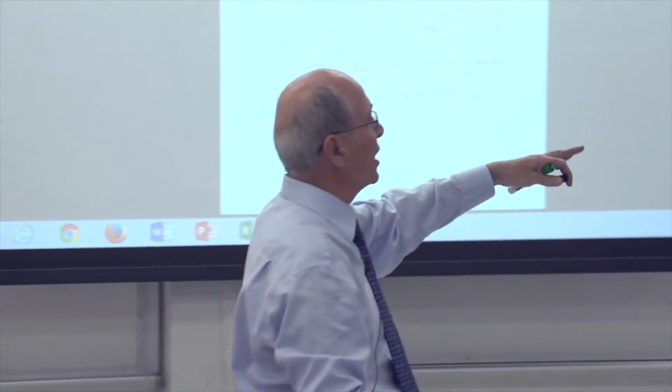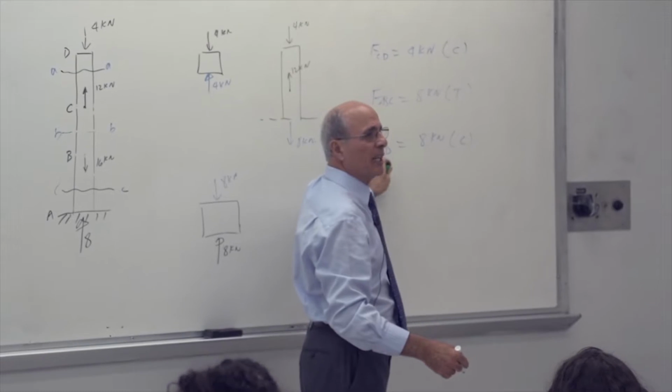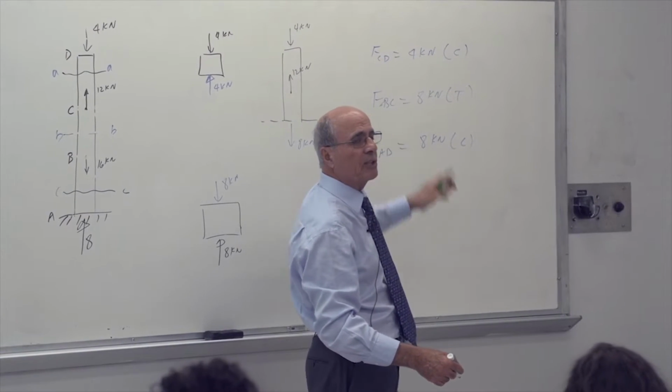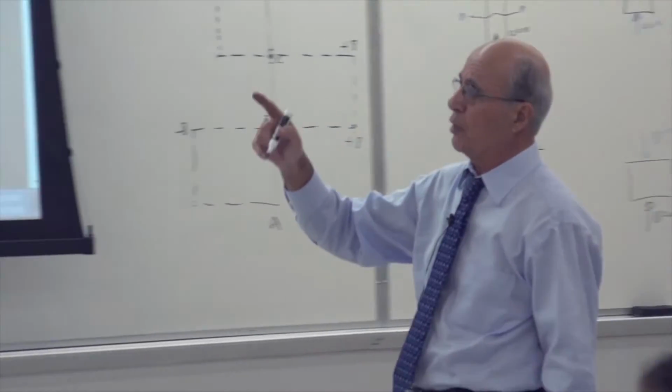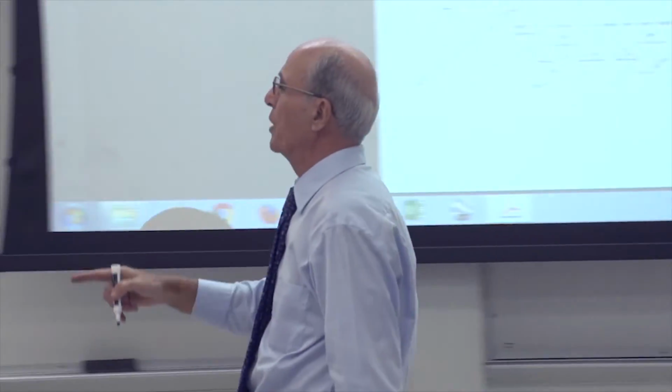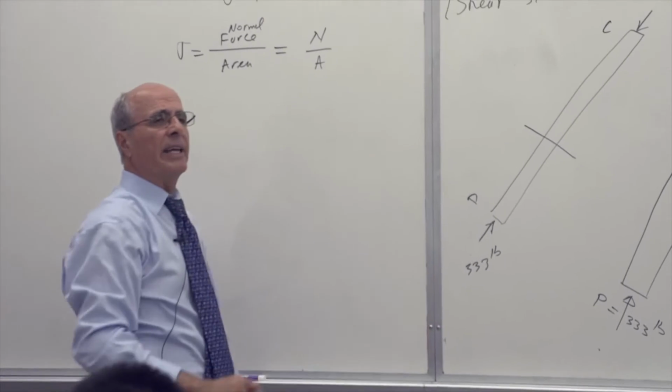I have to find here the internal, these are the N. Everybody understand what I'm talking about? This is the resultant N for each segment, correct? That's why I don't like to use P over A, because that gives you a wrong impression. So I put N over A instead.